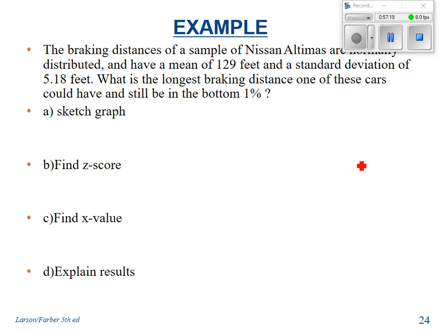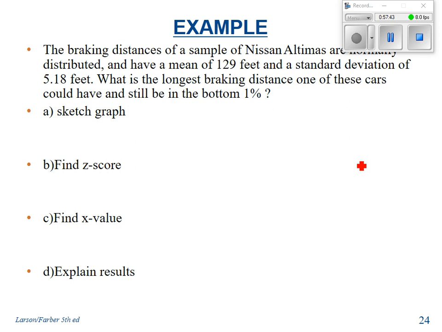Why is a Nissan Altima different than some other car? Weight. Even with a great big huge Tahoe, the braking distance might be 250 feet, and they might still consider that safe, even though it takes that long to stop because it's so big.